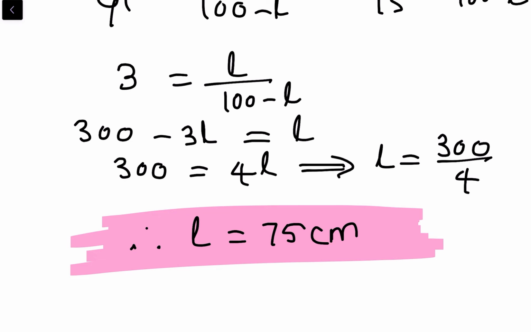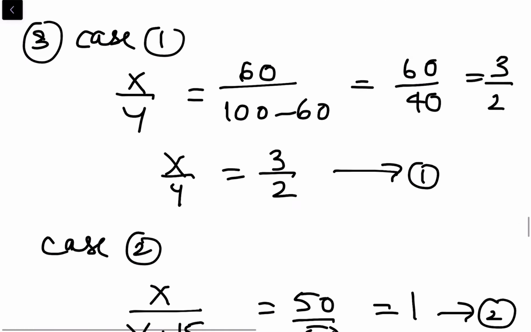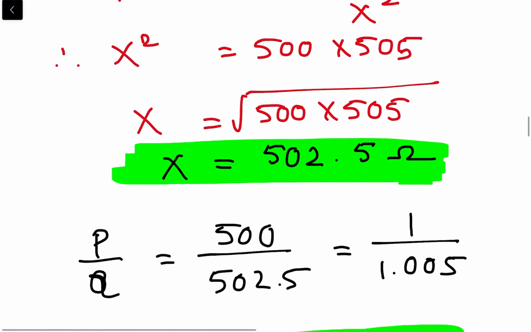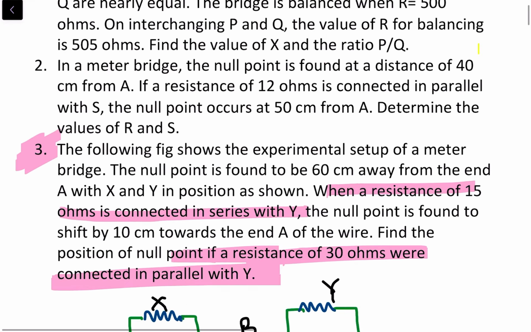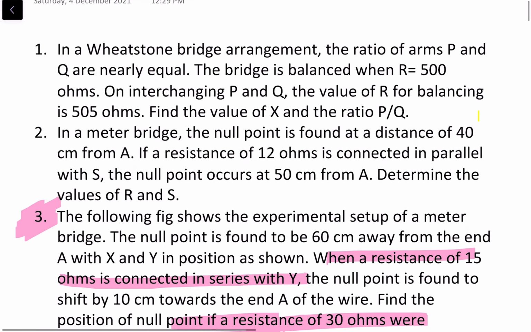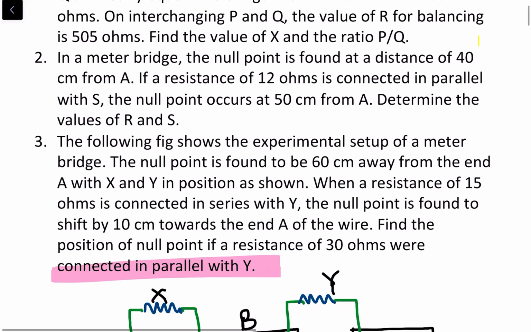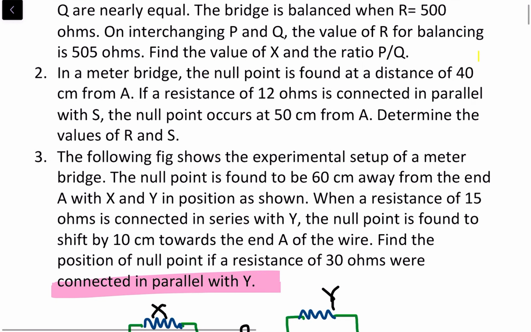So like this you can easily solve the problems. Numericals are not a big problem if you slowly think about them and if you know the formula. I have already given all the formulas here, so using these formulas, very easily you can solve these problems.